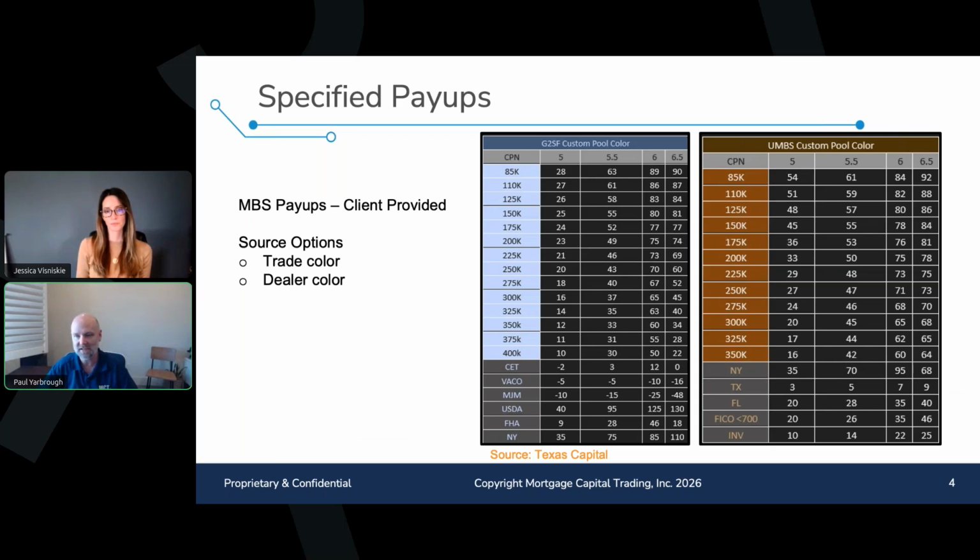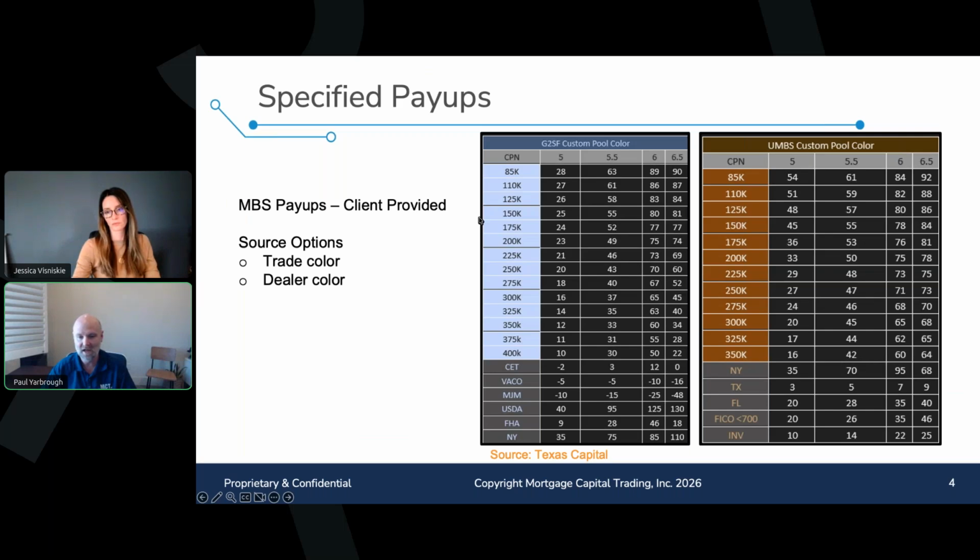There are some other attributes that you should consider there, and those pay-ups go across the board as far as coupon. That's what you see on the top. Then you have things like VA cash out, or MJN, which stands for a high balance in the Govy space. USDA only pools, FHA only pools, right? Geographically driven pools like states like New York or Texas, Florida.